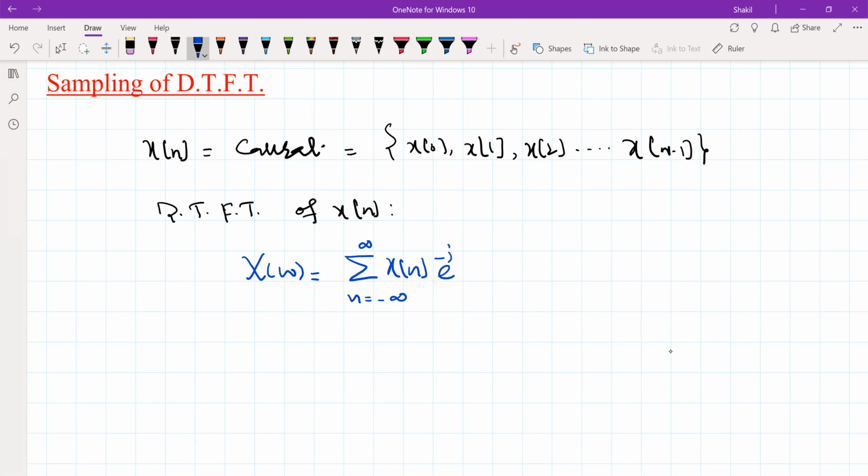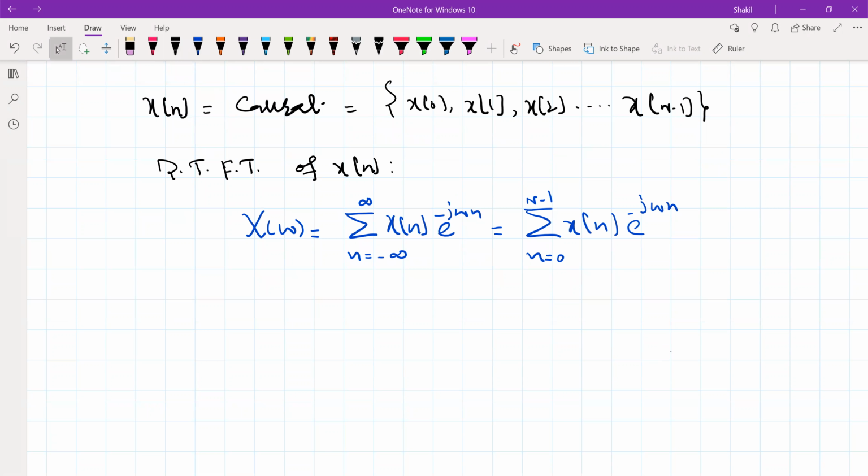And since we have assumed that the sequence starts from n equal to 0, so this will be equal to summation n from 0 to N minus 1 x of n e raised to power minus j omega n. So this discrete time Fourier transform equation is this.